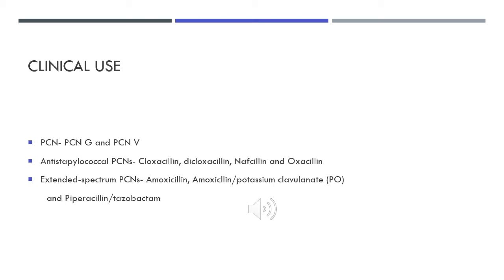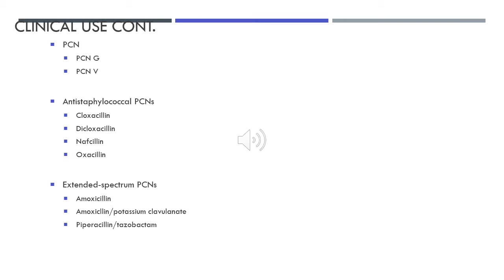I'm going to stop here and put the same slide up again and talk about how we actually use these medications in terms of bacterial usage. So just to keep this as clean as possible, I would just say that the penicillin G dosing is 4 to 6 times a day.